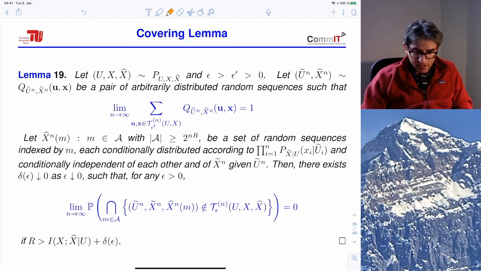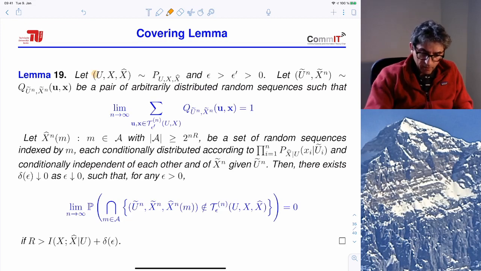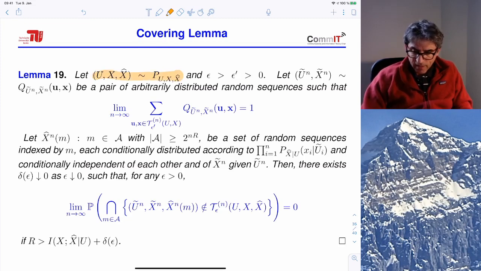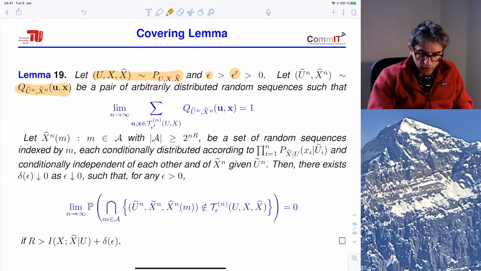So the lemma says the following: if I have a triple of random variables, u, x, and x hat, and I pick epsilon and epsilon prime in this order, and I have two random vectors u tilde and x tilde generated according to a certain joint distribution with the property that this joint distribution puts all the mass on the epsilon prime typical set for u and x.